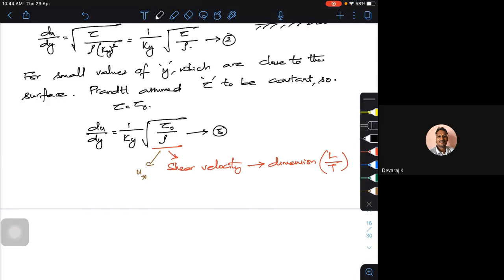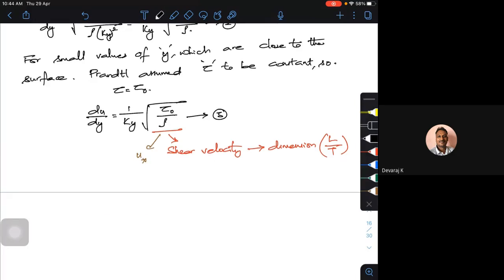Therefore, your du by dy I can write as 1 by ky into u star. Square root of tau naught by rho is nothing but your wall shear velocity, that is u tau or u star. I am calling that u star.